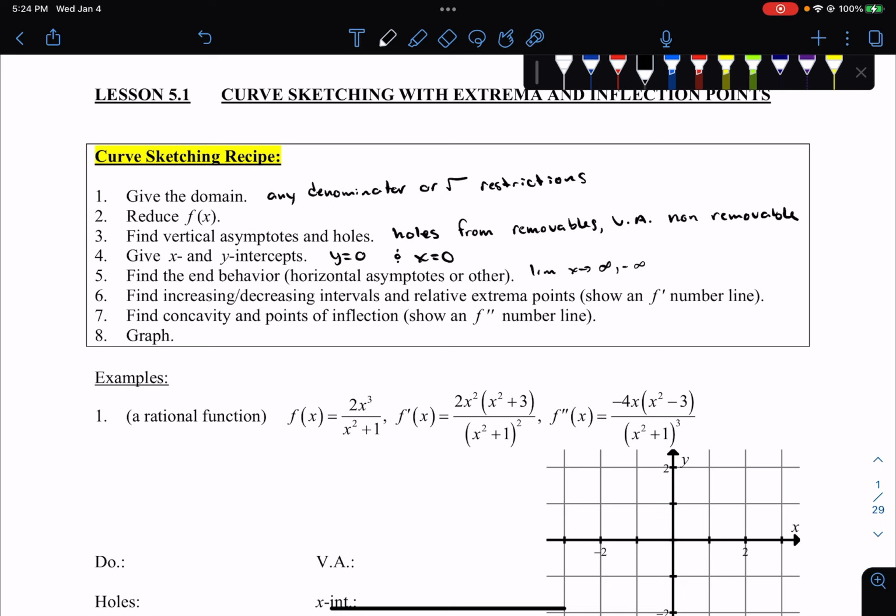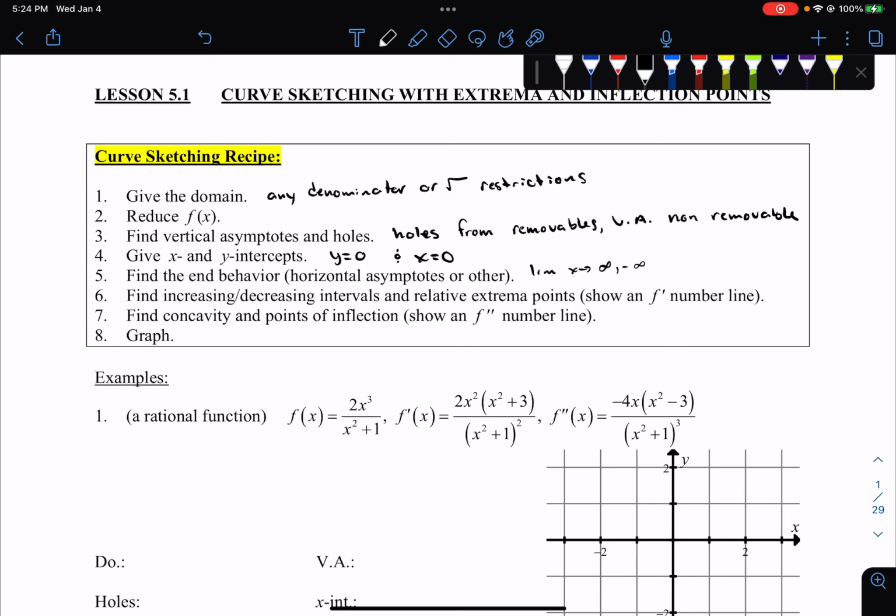Okay, number 2 is you simplify the original function. So whatever f of x is, you're going to try to factor out and cancel out anything on the top and the bottom that you can. Doing that helps you find holes. So number 3 is to find the vertical asymptotes and the holes.